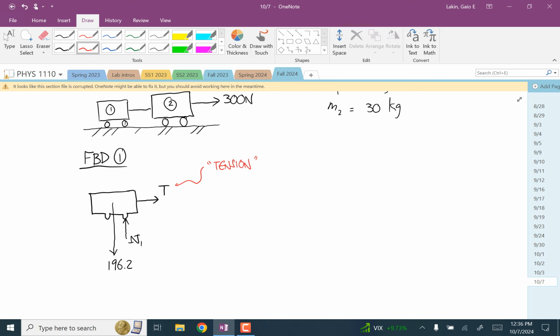What about the 300 Newton force? That isn't touching the boundary of body 1, so it doesn't go here. It will go in body 2 when we do that free body diagram. Okay, so free body diagram of body 2.